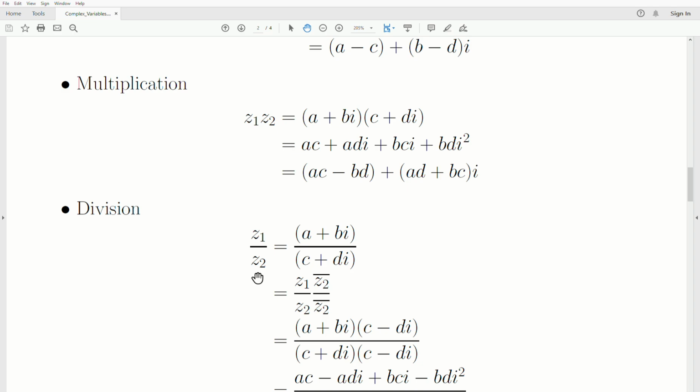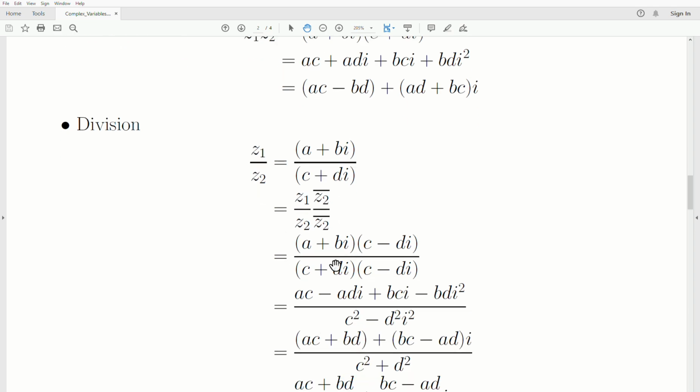Division, so Z1 divided by Z2. So we divide two complex numbers. The way that we think about this is we first multiply it by 1, and that is the complex conjugate of the denominator divided by itself. And so we haven't changed it, but writing it in notational form, we get this. Now this is the product of two complex numbers, so we FOIL it out.